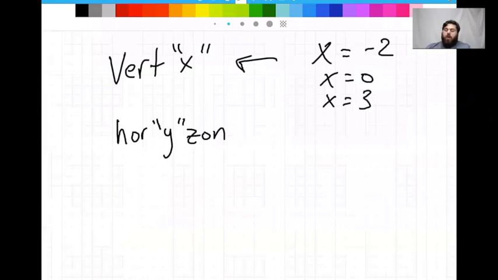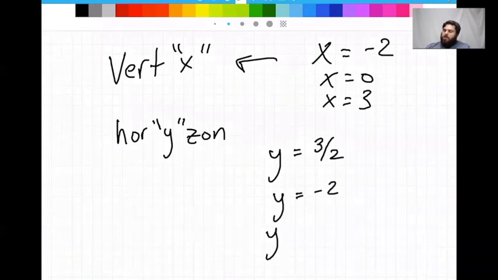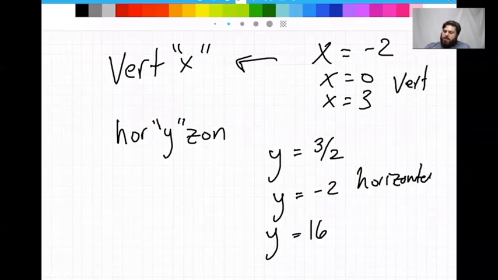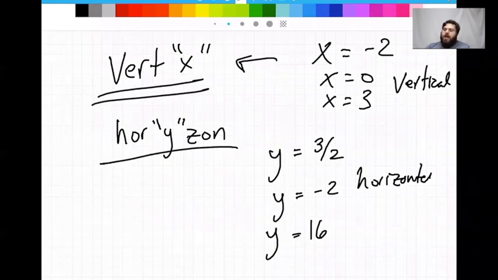Horizon, y equals a number. Horizontal lines are always y equals a number. So y equals 3/2, or y equals -2, or y equals 16, right? These are all horizontal lines if they're y equals. They're all vertical lines if they're x equals, okay? Easy way to remember that is vertex and horizon. All right.